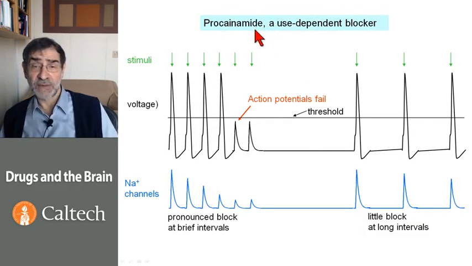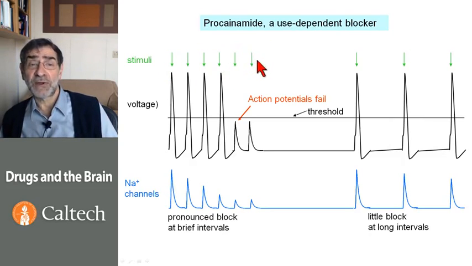So in this tracing, we have stimulated a cell artificially. And if we stimulate the cell rapidly enough, we get sodium channels opening. But the blocker comes in and blocks those channels, and it stays in the channels even when the next stimulus occurs.